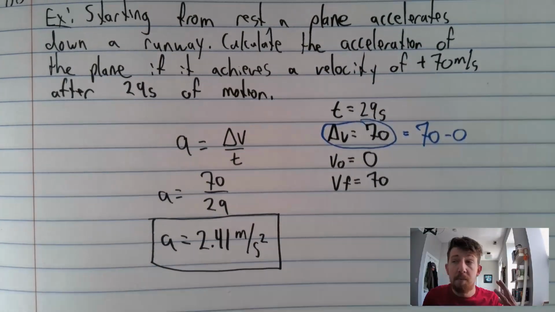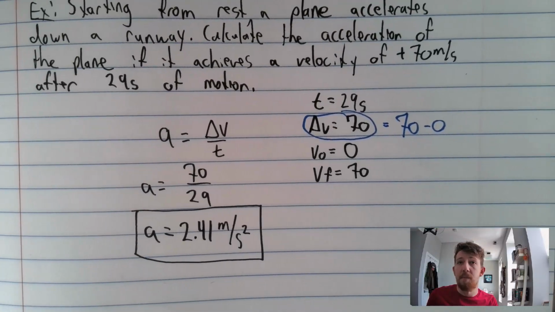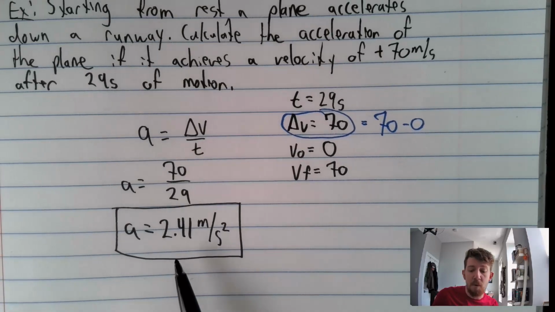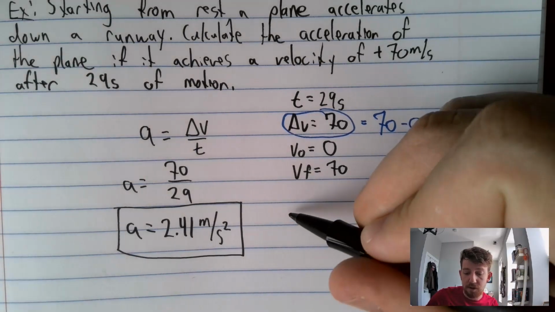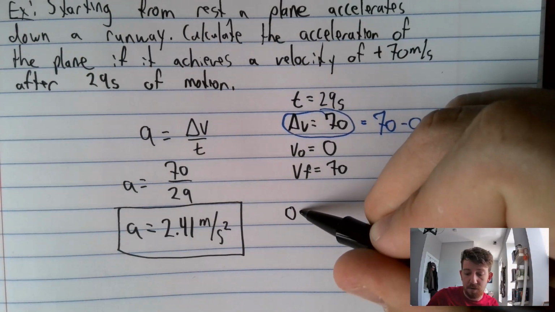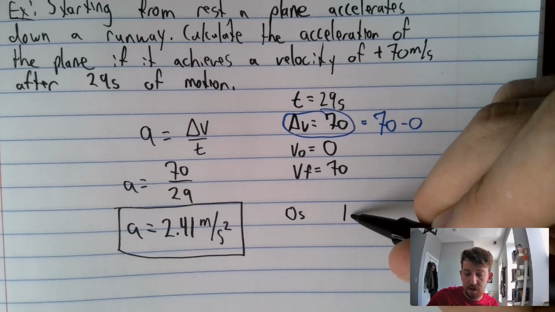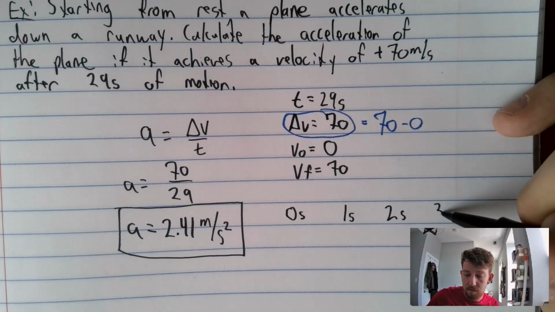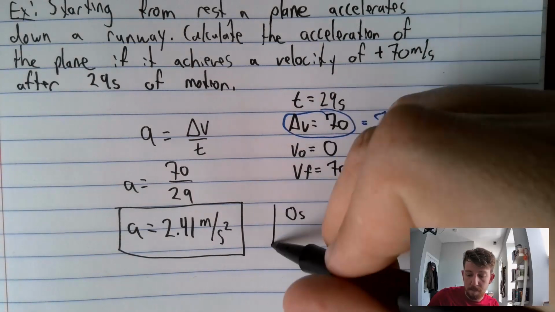So, breaking down this acceleration a little more, like what the heck does this mean? Once again, it means we're gaining 2.41, we're gaining that much velocity every second. So I could do a little chart here to kind of show the numbers. 0 seconds, 1 second, 2 seconds, 3 seconds.